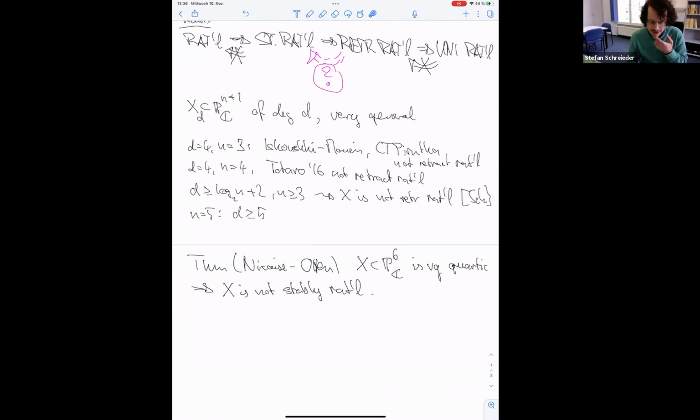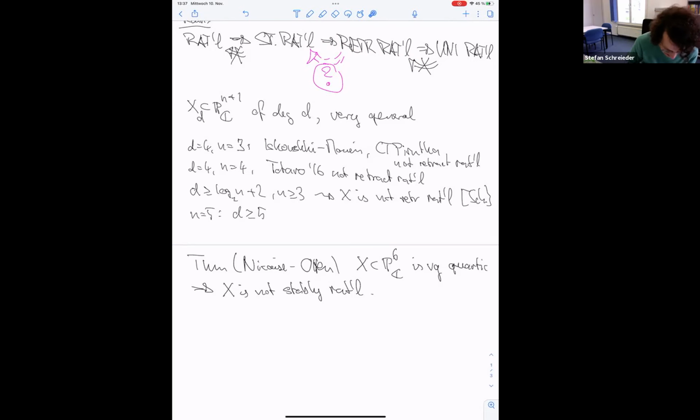And so far, nobody really cared, because all these approaches that would detect stable rationality, in fact, detected this one. But there's a new approach that does, in fact, not detect retract rationality, but really only stable rationality. And Nicaise and Ottem use that approach. So with their approach, they cannot get retract rationality. And since there is this approach that really is sensitive to stable rationality, it is a possibility that one can use that approach to find something that is retract rational but not stably rational.